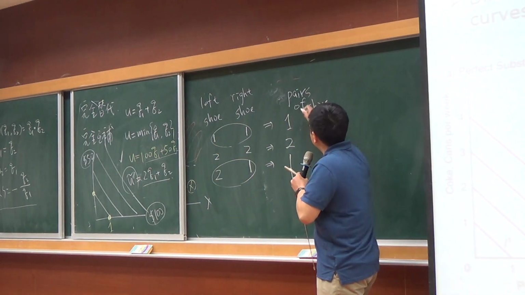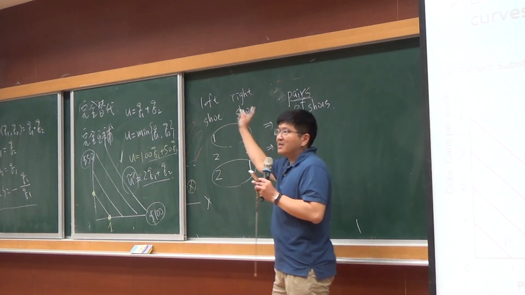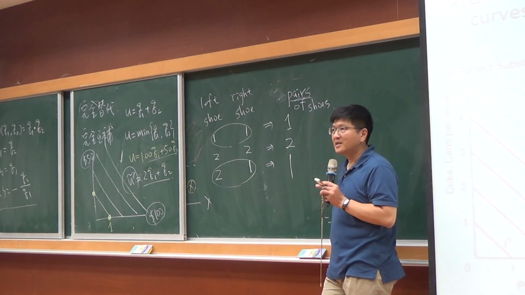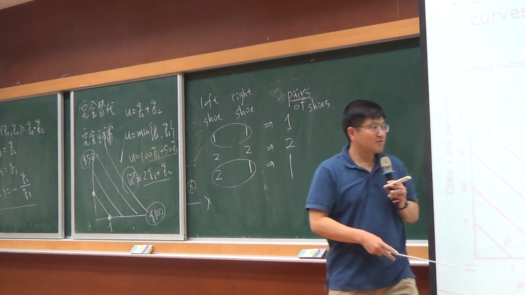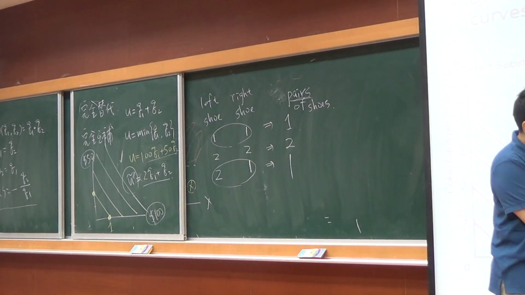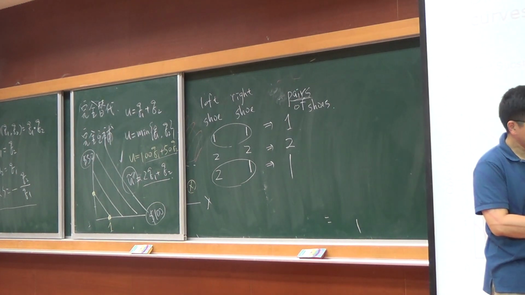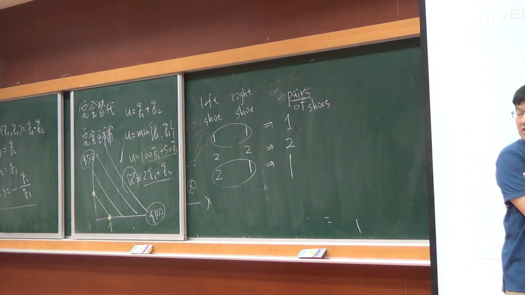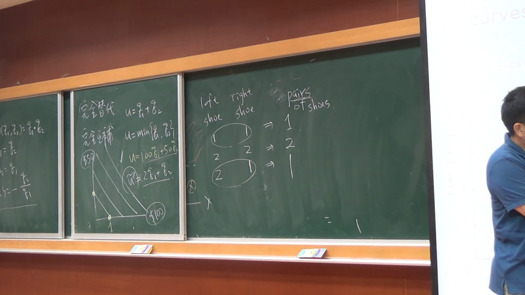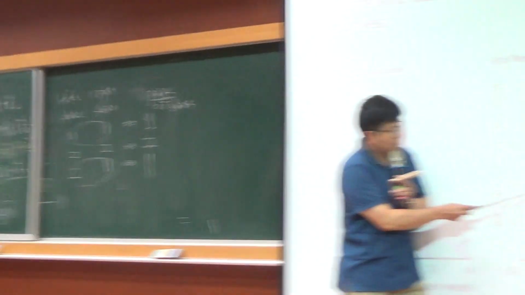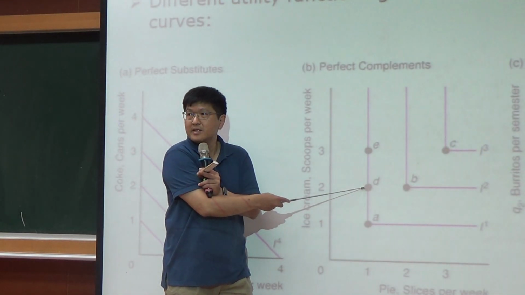You care about the pairs rather than the numbers for each good, right? That is the reason if you have one right shoe, one left shoe, this gives you a pair of shoes. And one right shoe with two left shoes still gives you one pair of shoes.